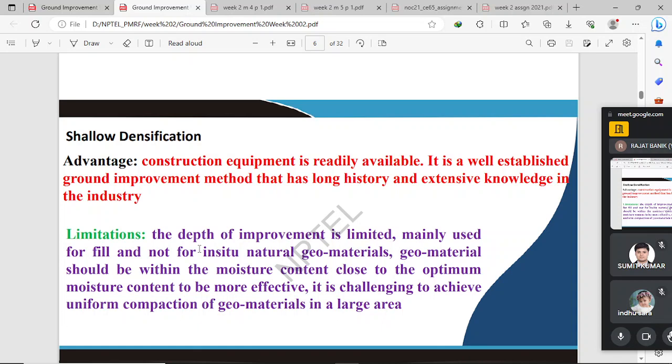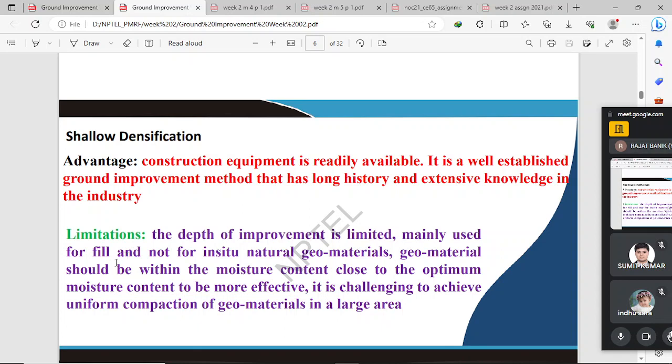If we need to improve the ground above 6 meters or like 15 meters, this shallow densification technique is not popular. That means the depth of improvement is limited, and it is mainly used for fill work, like recycled fill, uncontrolled fill, dredged fill, like that.